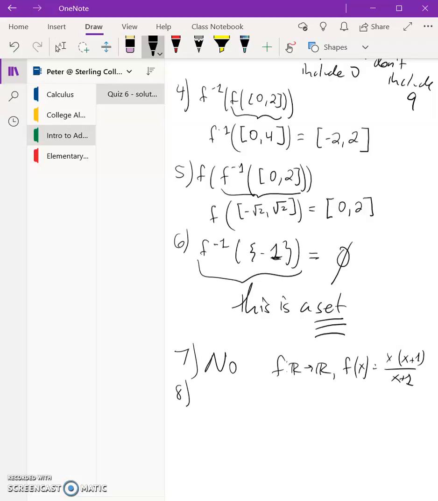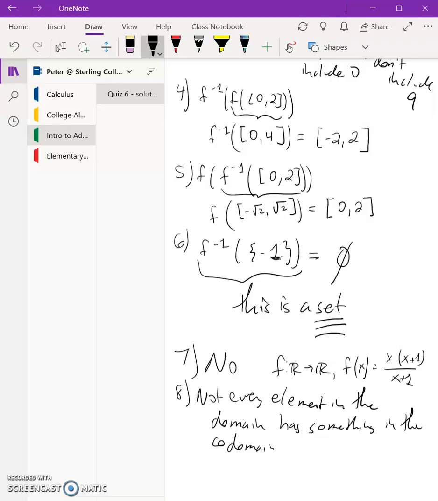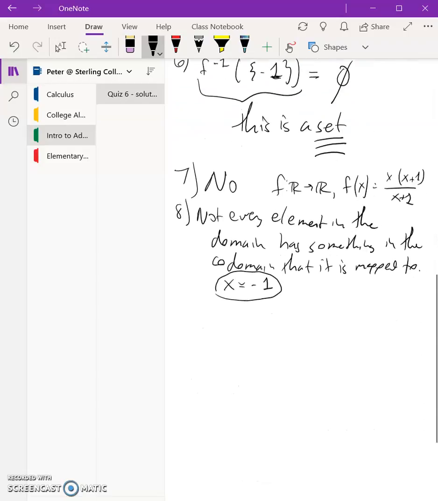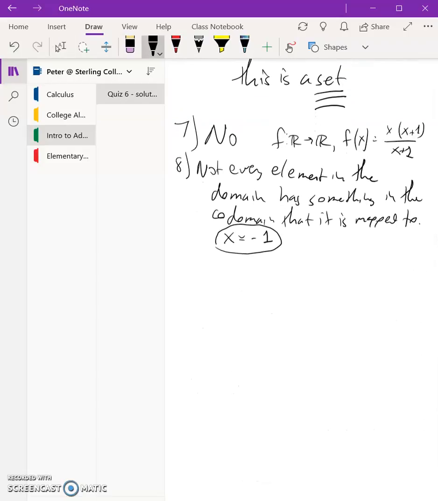The reason why is that not every element in the domain has something in the codomain that it is mapped to. In particular, the element here is x equals negative 1. This is the element in our domain that doesn't get mapped to anything in the codomain because, as many of you realized, you can't divide by 0.